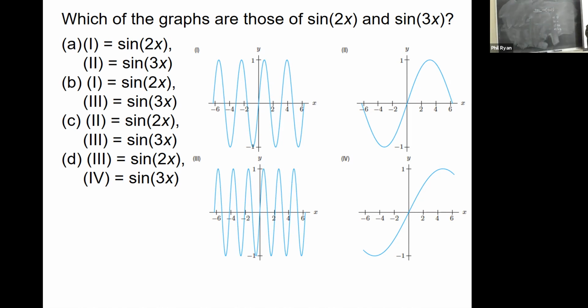The derivative of sine of kx is k times cosine of kx. So the more that k becomes, the quicker it moves. So sine of 3x moves faster than sine of 2x, which moves faster than sine of x. Then yeah, 2x is equal to graph 1, and then 3x is equal to graph 3.